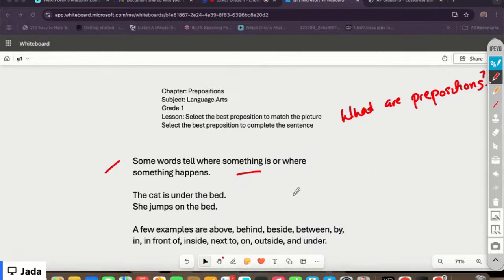For example, we have the cat is under the bed. So now when you say where is the cat, the cat is under the bed.